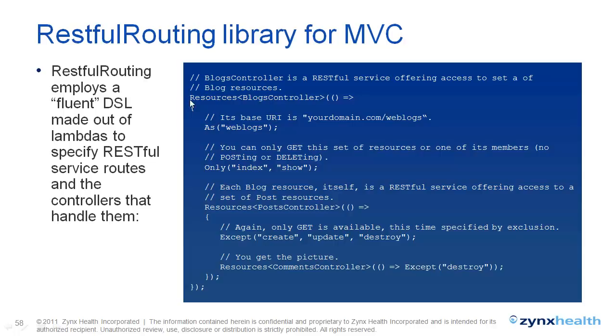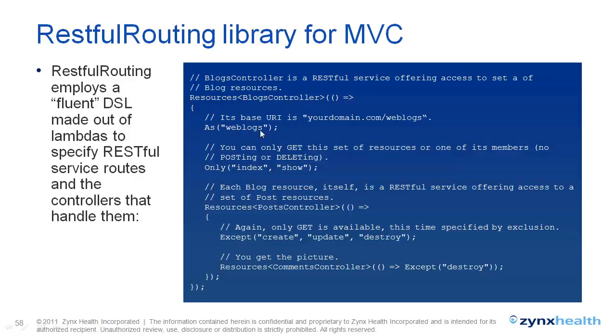In other words, since this is a top-level set of resources, we're not inside of any other declaration, our domain /blogs would map to this controller, to the blogs controller. In other words, if we use our domain /blogs as the URL for some RESTful call for a get or a post or whatever, then it's this controller and its action methods that would end up handling those requests.